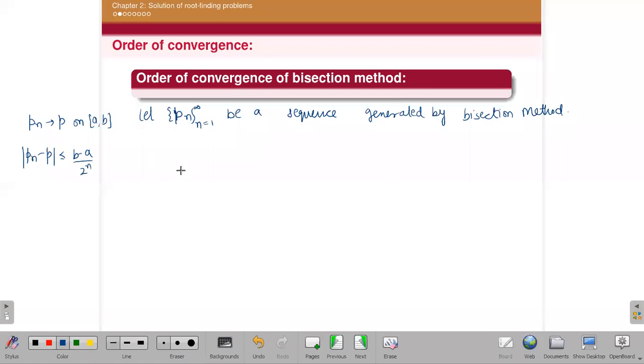We have already done this in the bisection method. So the error bound for the sequence Pn converging to P on [a, b].